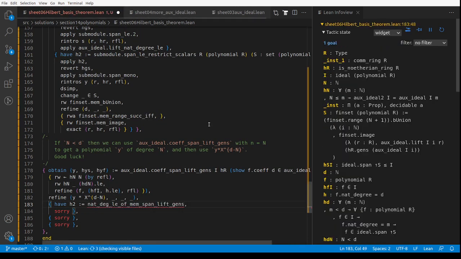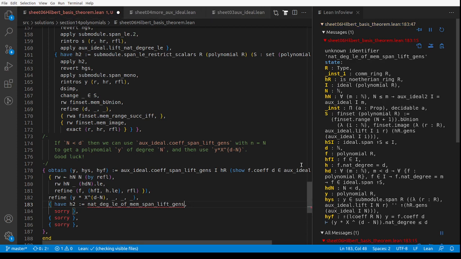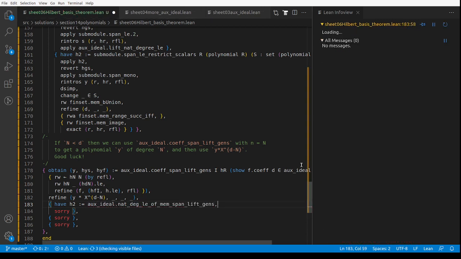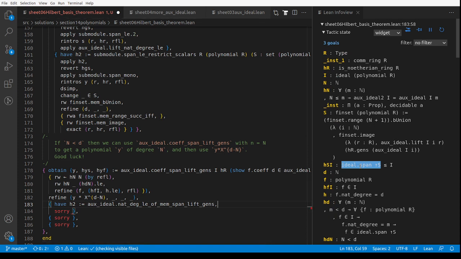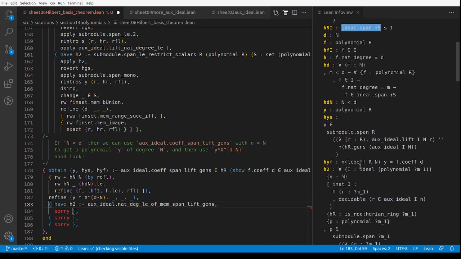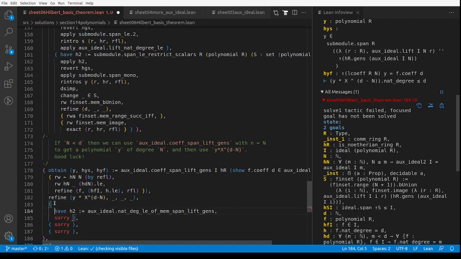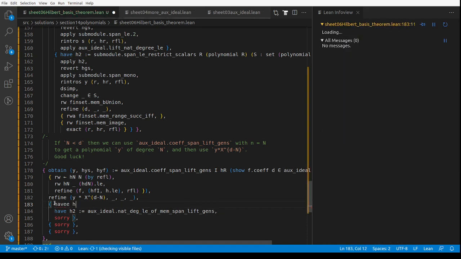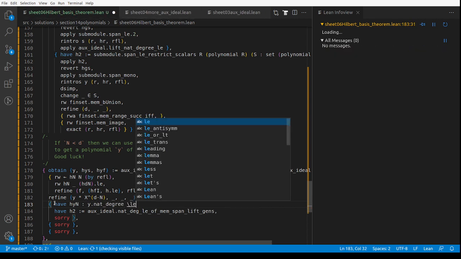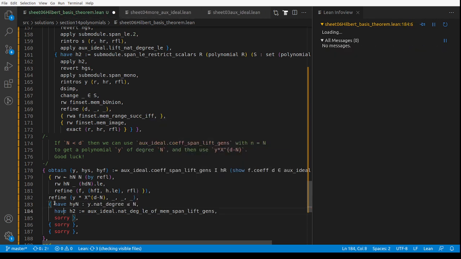That, because I'm going to use it to prove that the degree of y is at most n. So maybe I should do, so have hyn: y.natDegree is less than or equal to n, and then I can just apply this.